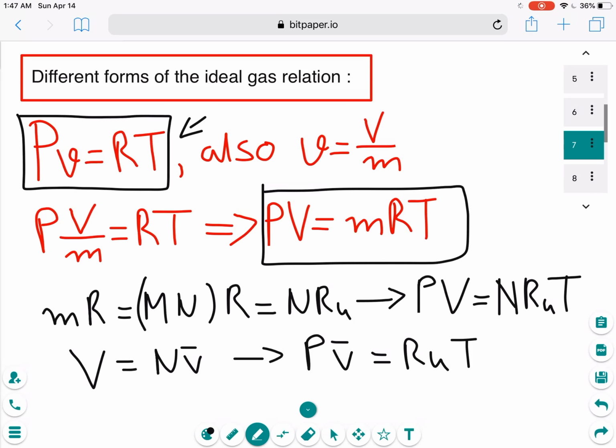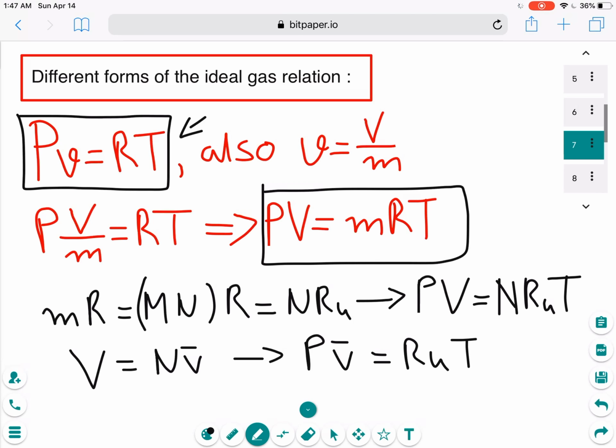In the last one over here we see V bar. V bar is for molar specific volume. So again, the specific volume expressed in moles, in cubic meters per mole, if I'm not mistaken, as opposed to cubic meters per kilogram.